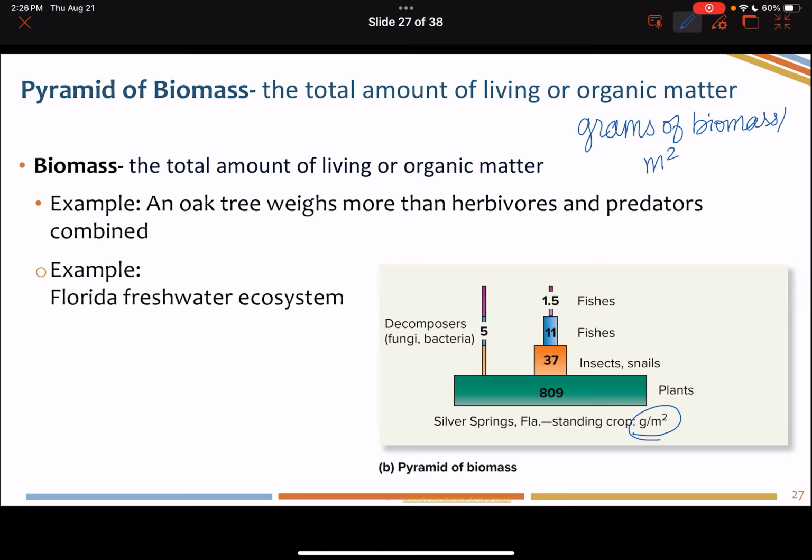Continuing with our oak tree example, an oak tree is huge and they weigh far more than the herbivores and predators combined, and especially more than any insects when you throw those in as herbivores or as predators. The example down here shows a freshwater ecosystem. So pyramids apply to both aquatic and terrestrial ecosystems and any level of community within that ecosystem.